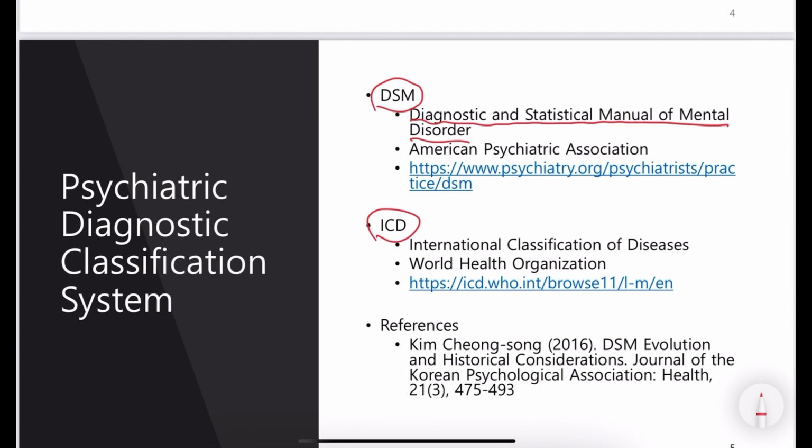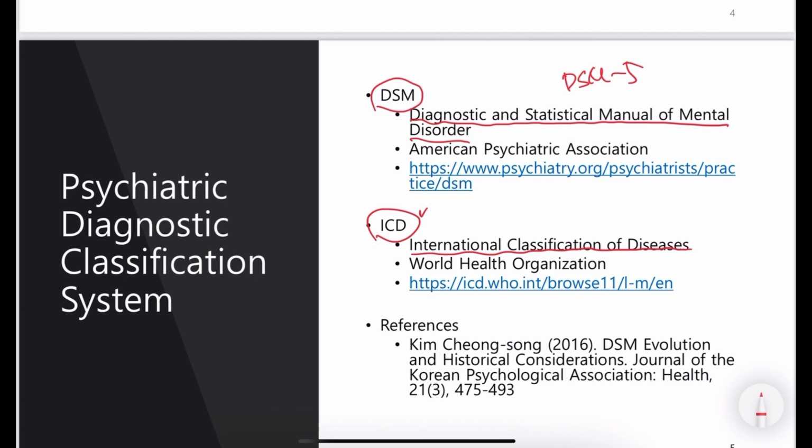Right now, the fifth edition, DSM-5, is in use. Next, we have the ICD, which stands for International Classification of Diseases. It is published by the World Health Organization, WHO.